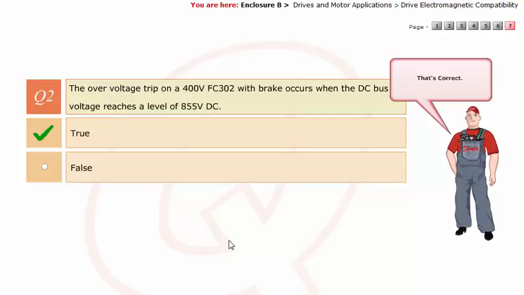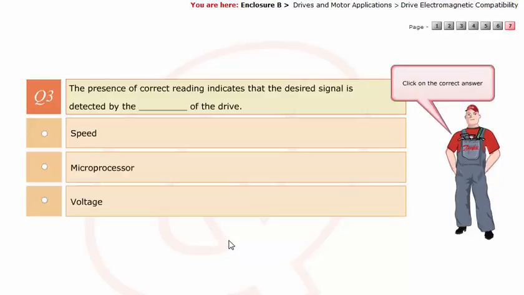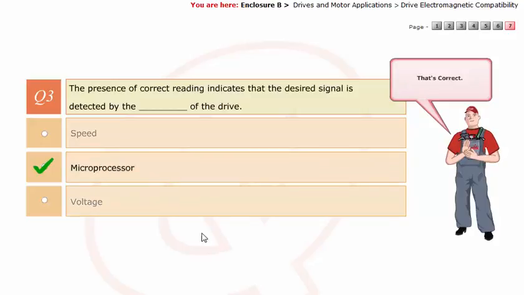The overvoltage trip on a 400 volt FC302 with brake occurs when the DC bus voltage reaches a level of 855 volts DC. That's correct. The presence of a correct reading indicates the desired signal.